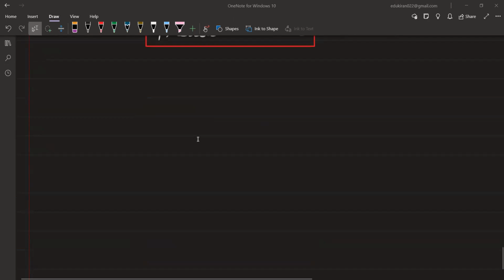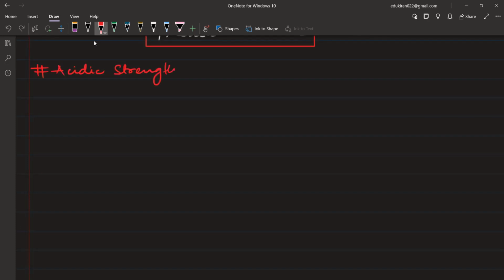Acidic strength of substituted phenol. पहले आप लोग सबसे पहले एक चीज ध्यान रखिए.